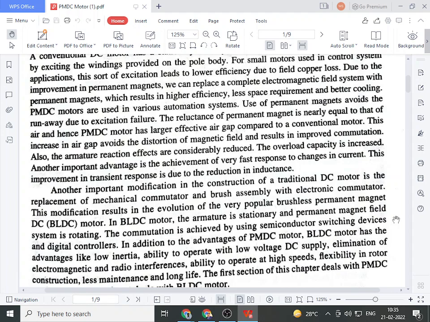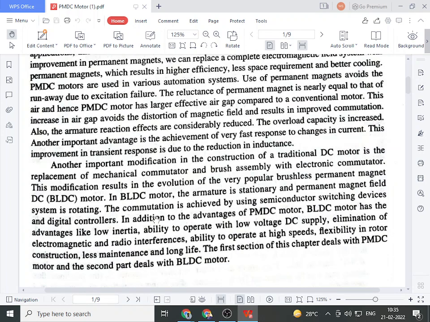Anyhow, we have to achieve relative motion between the armature conductors and the field winding. So in the BLDC motor, the field is generally rotating, and that field system is made up of permanent magnets, whereas the armature is stationary. Now the commutation is generally achieved by using semiconductor switching devices and a digital controller.